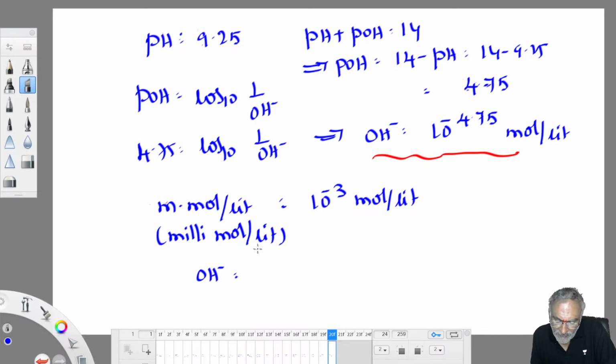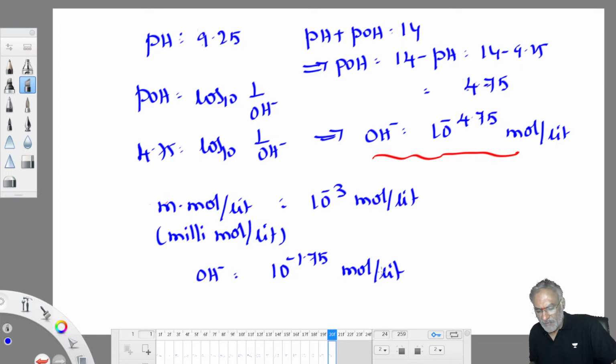So 10 power minus 4.75 plus 3, it becomes 10 power minus 1.75 millimoles per liter. Milli means very small value, so this is also okay. But this is moles per liter, not millimoles per liter.